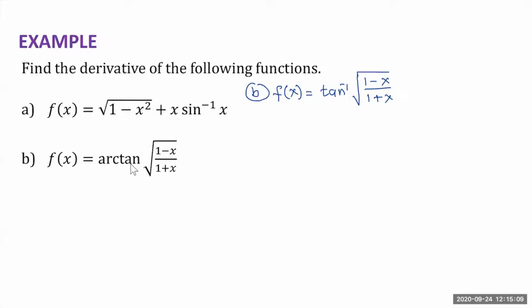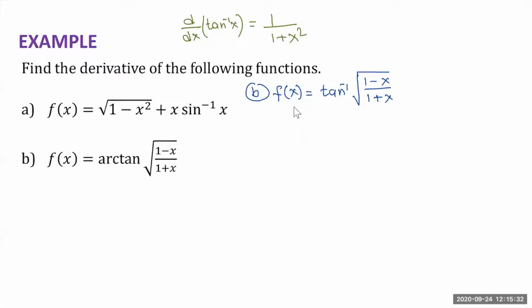Now, in order to find the derivative of this one, because this is the inverse tangent, we need to know the formula for the inverse tangent. Derivative with respect to x of inverse tangent is equal to 1 over 1 plus x squared. That's the formula to find the derivative of the inverse tangent function.